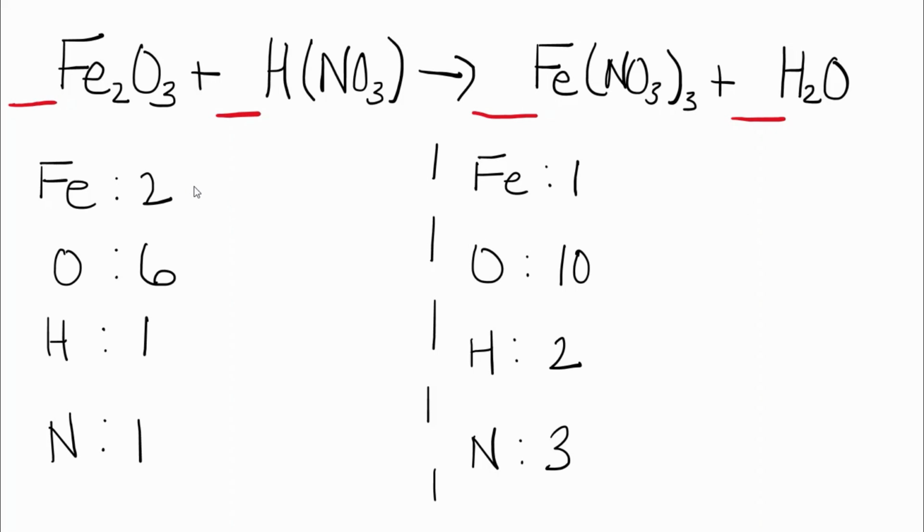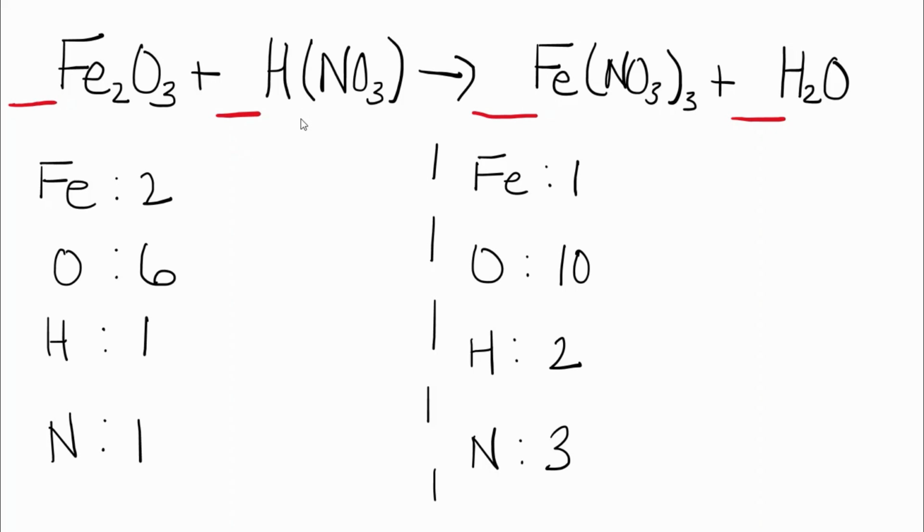So what we're going to do is make an educated guess again. So here we can see that iron and nitrogen both are together on this side, and there's a different number of irons and nitrogens on the reactant side than the product. And you can see iron and nitrogen on the reactant side are not in the same molecules.